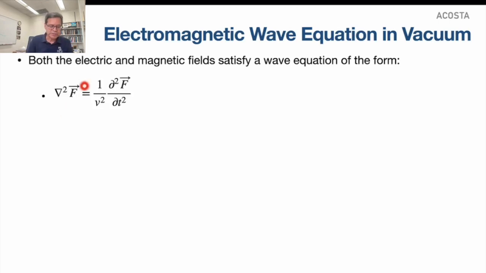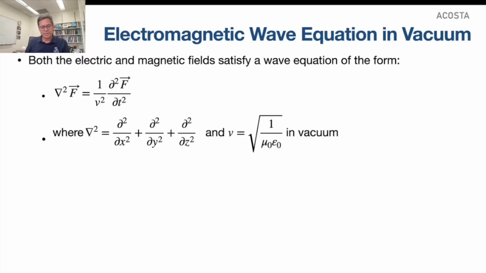If I generically denote E or B, the electric or magnetic field, as F, the form of the equation was the Laplacian of that vector field is a constant times the second time derivative of that field. And I've written the constant in a very suggestive way, 1 over v squared. This relates to other wave phenomena. Just to remind you, the Laplacian on the left side is the sum of second order space derivatives, d squared dx squared, d squared dy squared, and d squared dz squared.